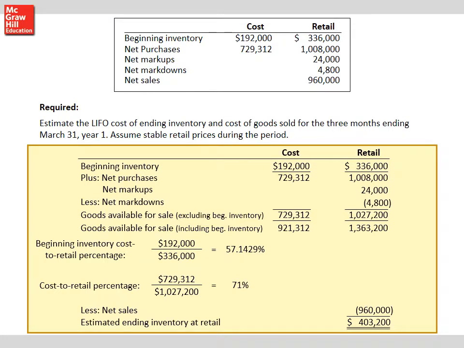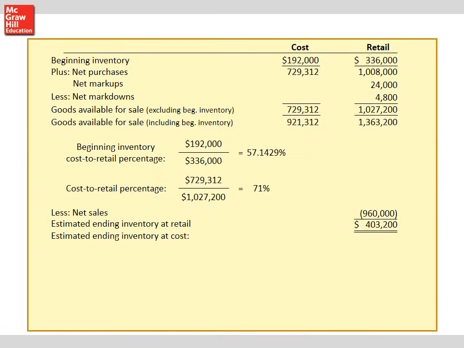Well, definitely the beginning inventory. So how much at retail can we find of that ending inventory back up in the beginning inventory? $336,000. Well, that $336,000 has a cost of $192.